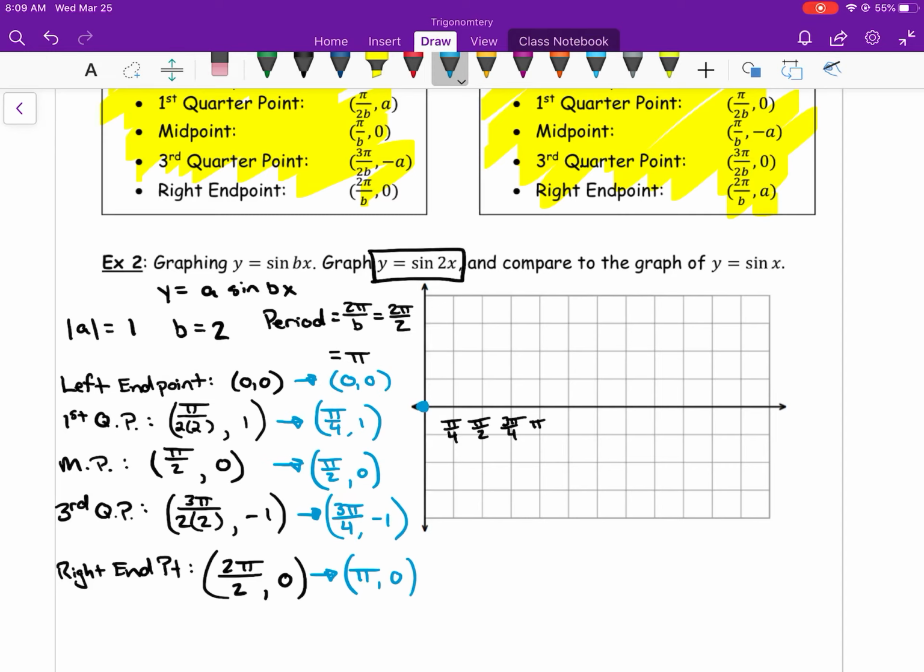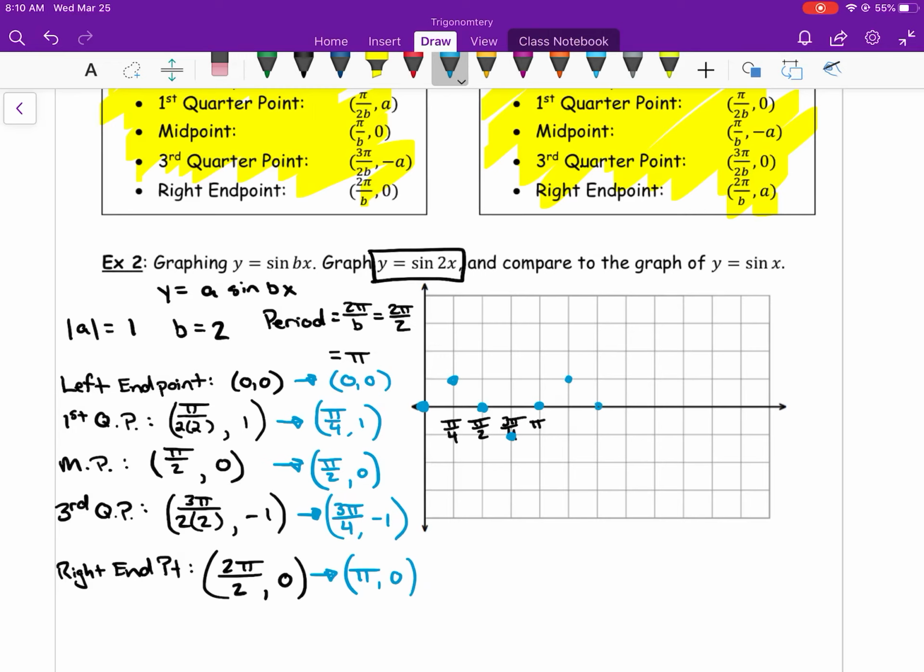So my first point is at 0, 0. And then I come up to 1 at pi over 4. And I'll come back down to pi over 2, 0. And then down again to 3 pi over 4, negative 1. And then back to 0. Alright, you see the pattern. You go up, down, down, up.